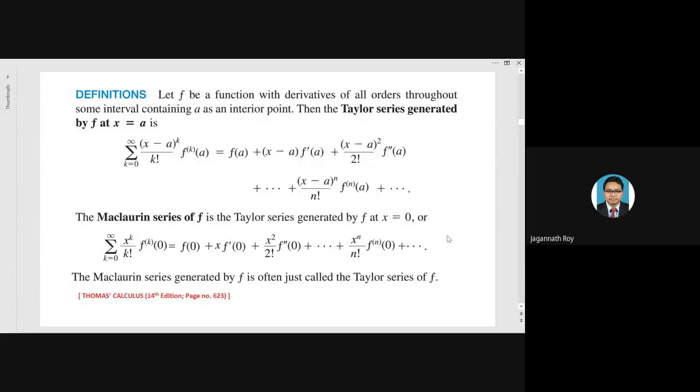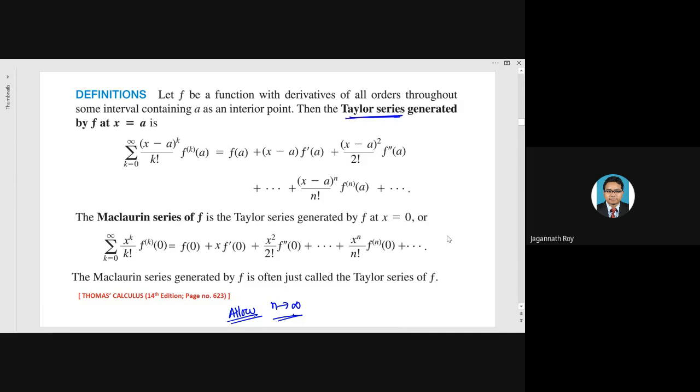So this kind of situation we will study, and that is done by the Taylor series formula, because we have to allow n tends to infinity. Whenever we allow n tends to infinity, the Taylor formula becomes the Taylor series.